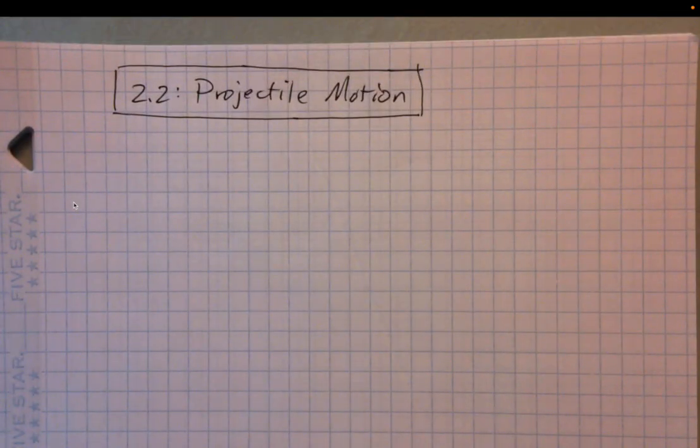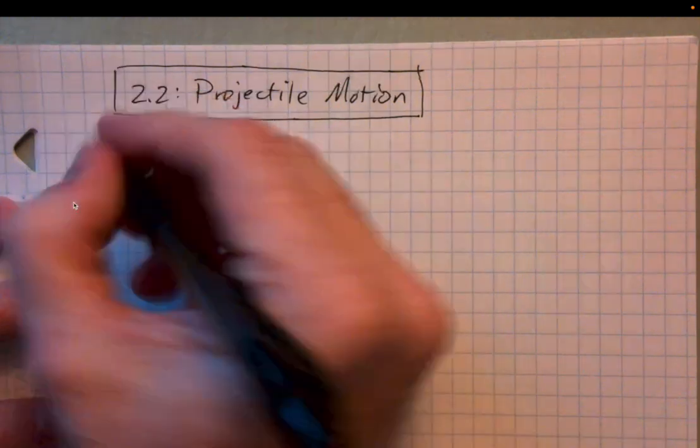So what is a projectile? Well, we can think of a projectile as basically any object or body that is given some kind of an initial velocity, and then after that initial velocity, its motion follows a path determined entirely by gravity, and sometimes air resistance. So a projectile, let's write this down.